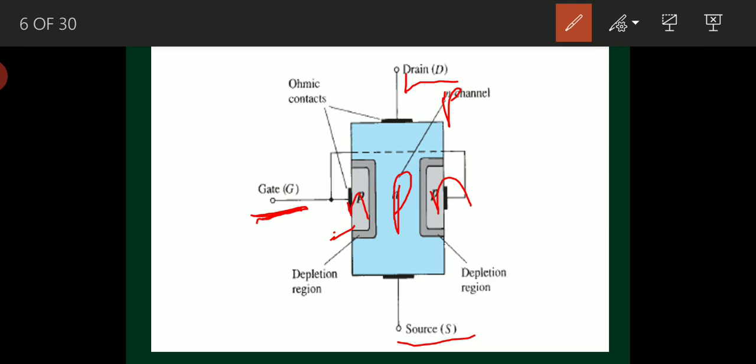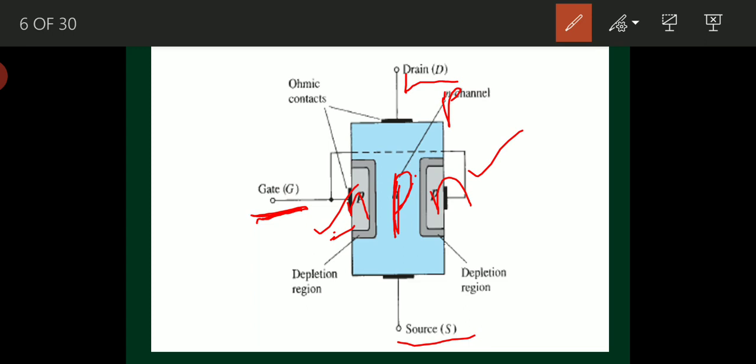Between these two n-type regions, p-type material is there, and it gives the way for charge carriers to move from source to drain. That's why it's called P channel JFET.